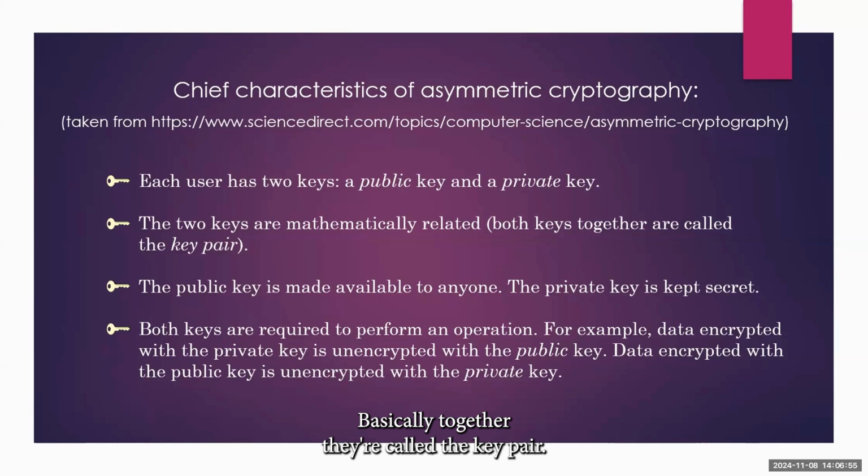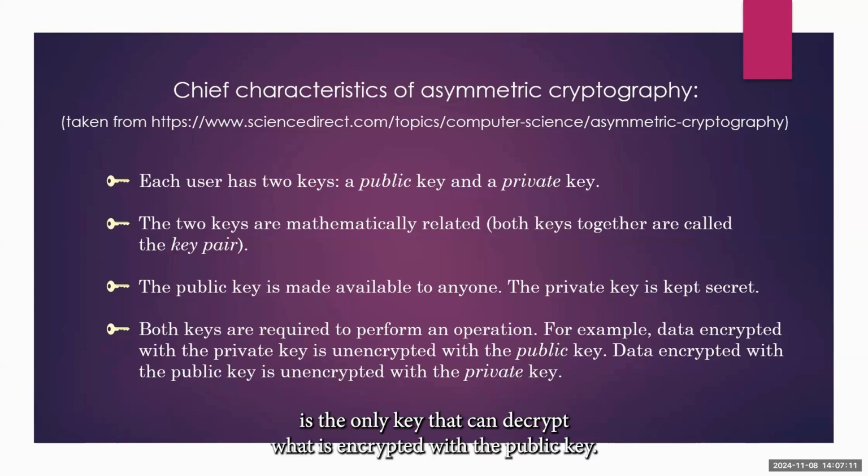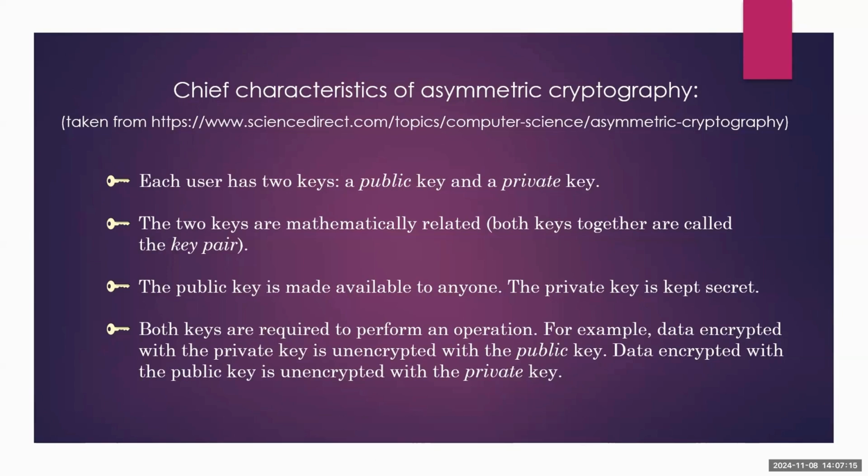Together, they are called the key pair. What you do is you send your public key to anybody. You can post it, you can share it. There's no risk involved in doing so because the private key you keep to yourself. And the private key is the only key that can decrypt what is encrypted with the public key.